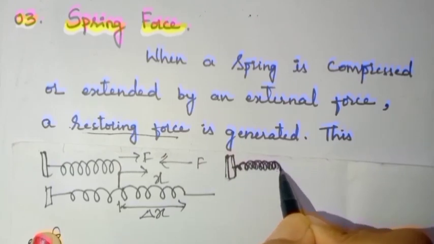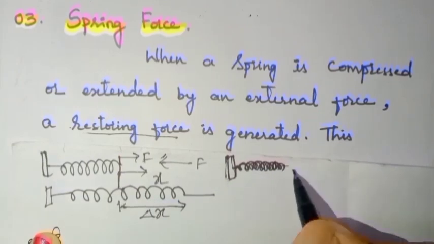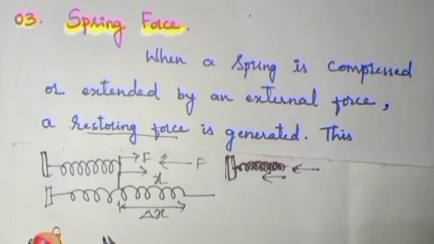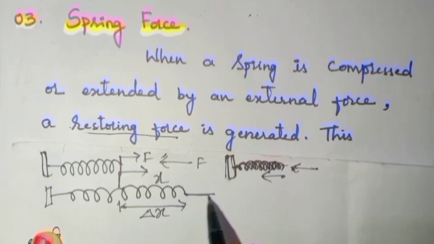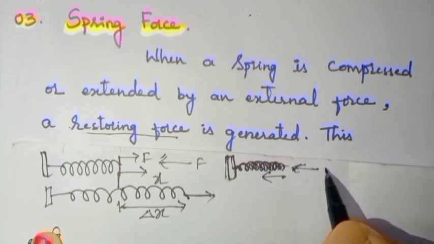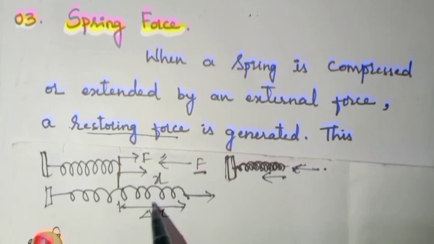It was in its position, but when you have applied the force in this direction, the size is decreased. One more thing you have to observe clearly here: whenever you pull or compress the spring, after the removal of force, will the spring remain in the same position?